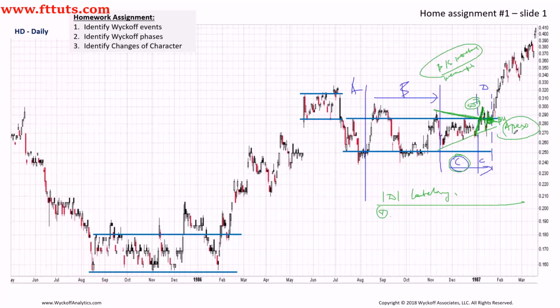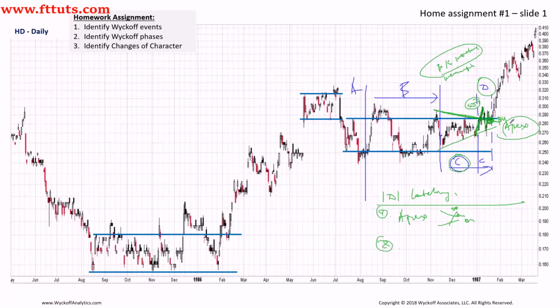That acts as a backing up action, and therefore this is phase D. So this is what we have: apex, and then a sign of strength that is going to be just a little bit small.